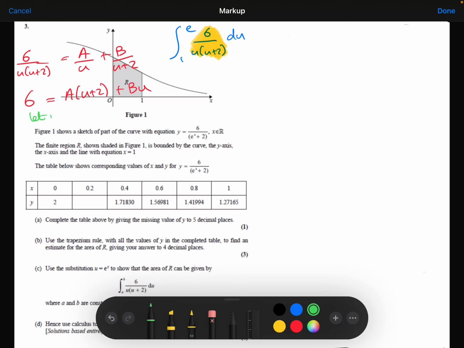Let u equal 0 to make this second term here become 0 so we don't have to worry about it. That way we just get left with 6 equals a times 0 plus 2, which is 2. So therefore a is 3.